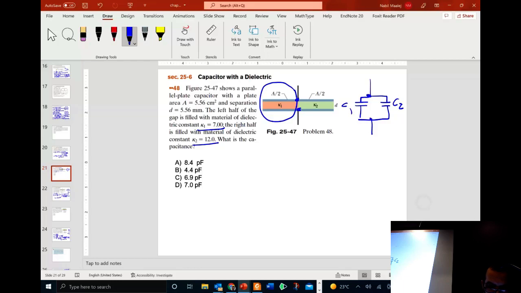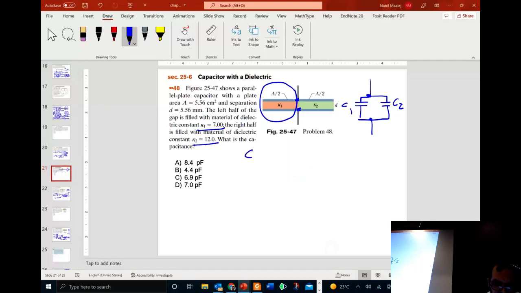Remember, we did an example before in class where we had two dielectrics between the plates of a capacitor, and we said we can think about this as two capacitors in series. Here the geometry is different. So here we can think about these two capacitors as if they are capacitors in parallel.